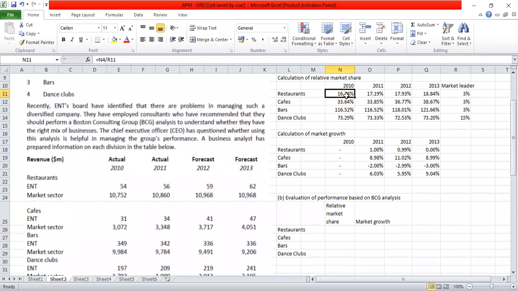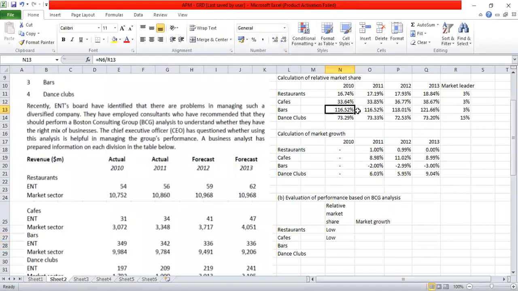The market share should have been 100%, but here it is very low, 16, 17, 18%. So for relative market share, we have to mention whether it is low or high. For restaurants, it is low. Coming to cafes, cafes also is low. It should have been 100%, but this is just low. Next, we see bars.